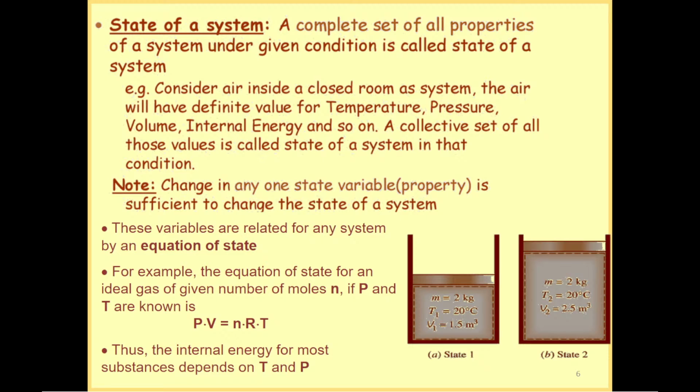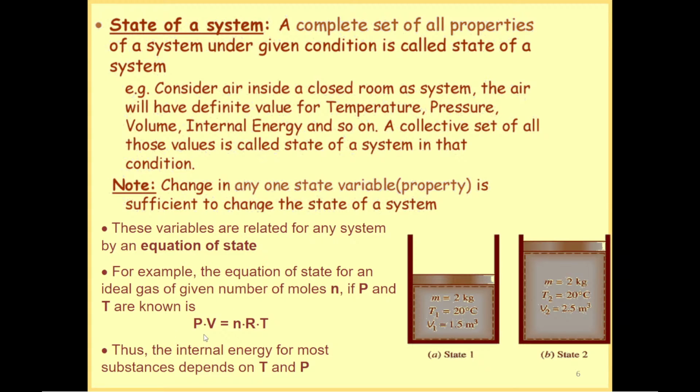For example, the equation of state for an ideal gas of given number of moles, denoted by small n, if pressure and temperature are known, is shown at this slide.